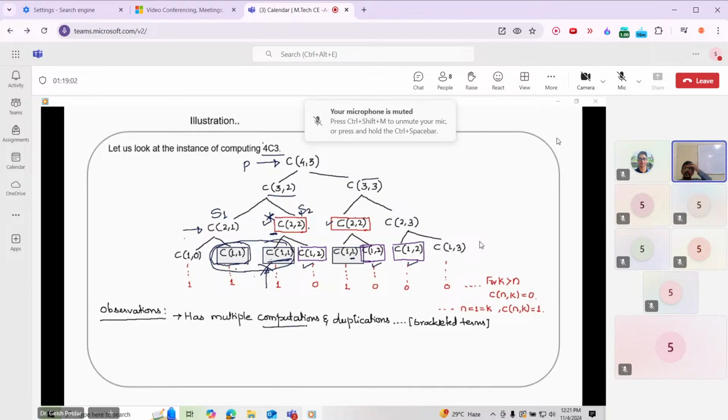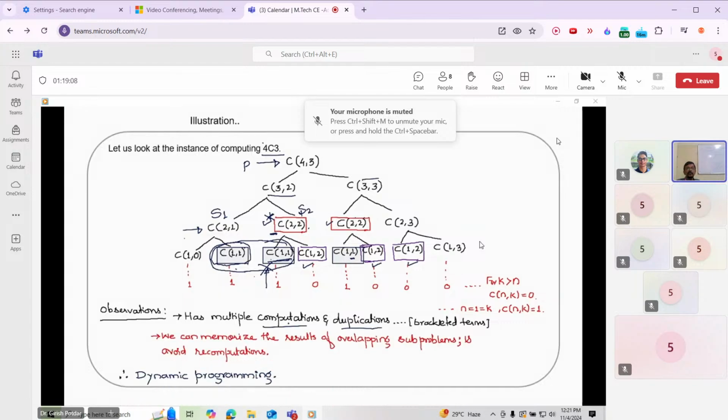It has got multiple computations and duplications, all right, and we can therefore memorize the results of overlapping subproblems and avoid recomputations. And when you see overlapping subproblems and memorization, one algorithmic strategy strongly supports, that is dynamic programming.